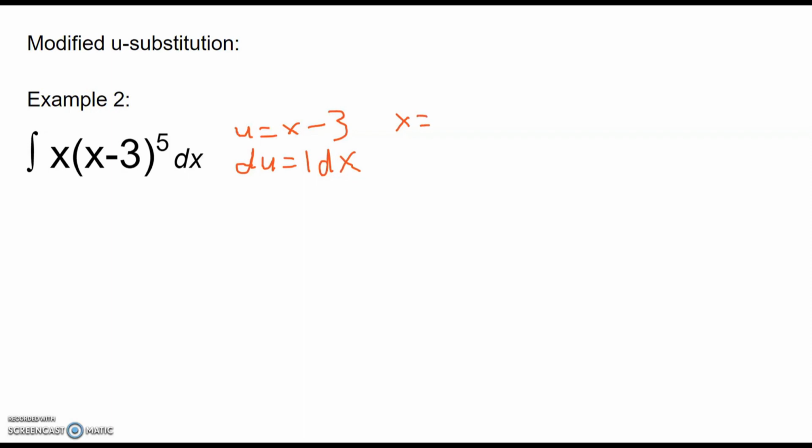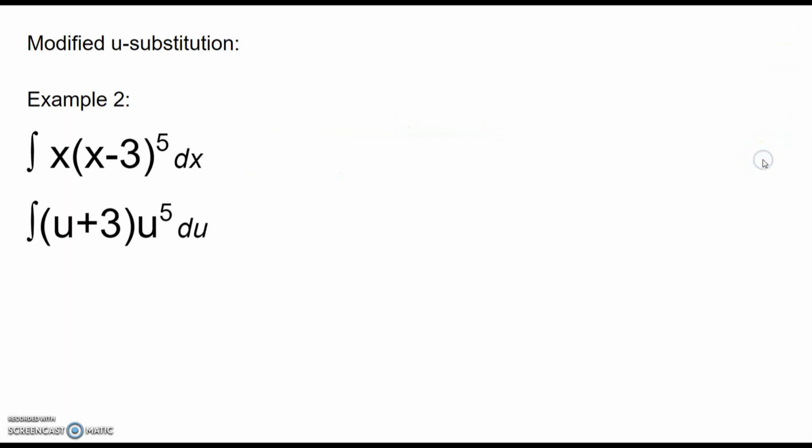So that would just be u plus 3, by adding 3 here and then adding 3 here to get that. So now I can actually rewrite this whole integrand by using these u's and these x's. So that would just be u plus 3 times u to the 5th power du.